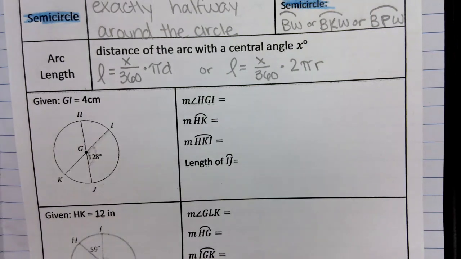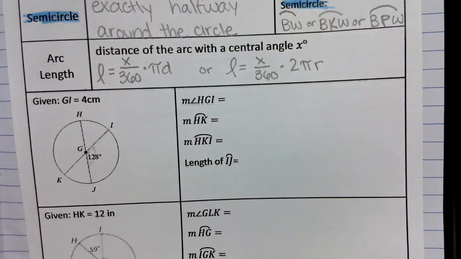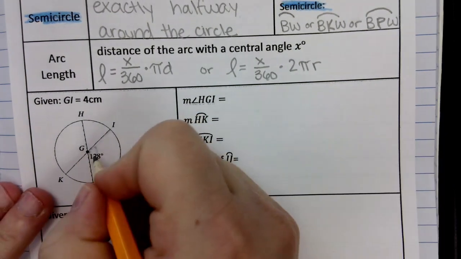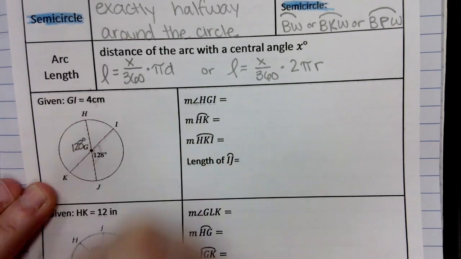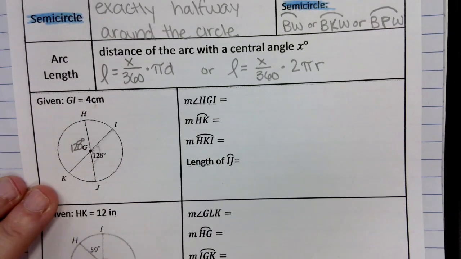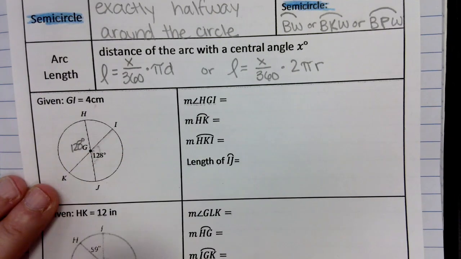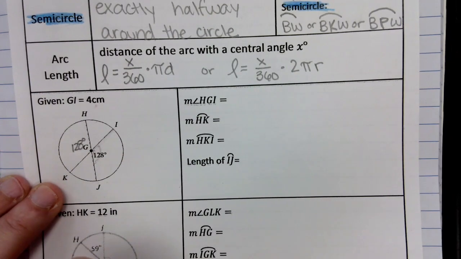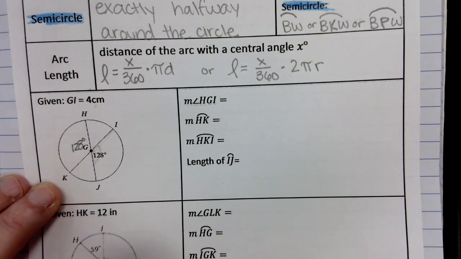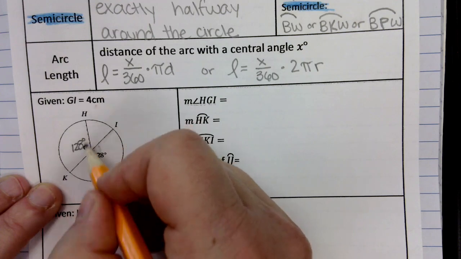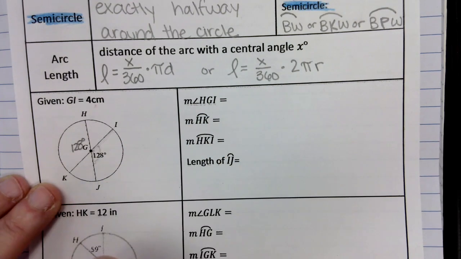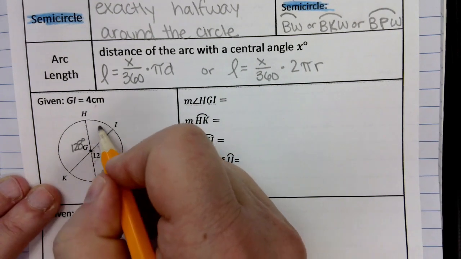HGK is 128. How can I find this next angle right here, this HGI? What do you notice about HJ? HJ is a straight line, or it's half a circle.